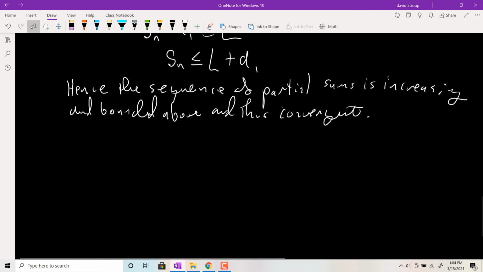So let's suppose the other way, right? Suppose now the integral from 1 to infinity of f of x dx diverges.